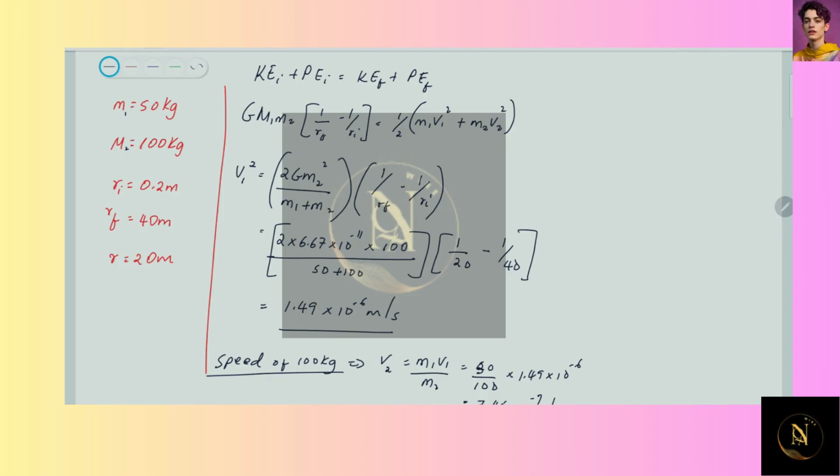You can do the same for the other sphere.